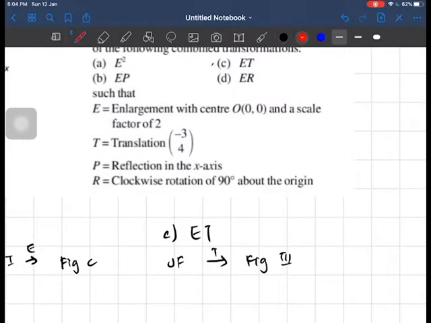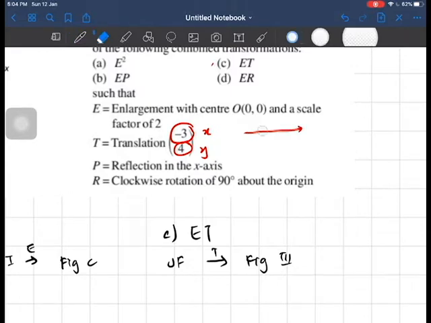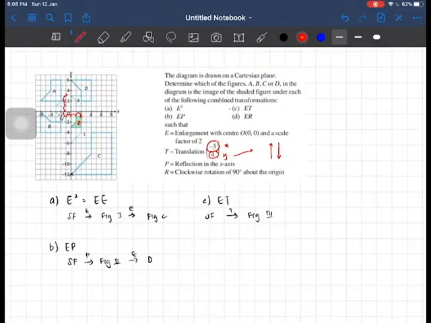Okay, why is it negative 3? So one thing you gotta remember is that here's the x, here's y. So for x, if it's going forward, it's a positive number, and if it's going backward, it's a negative number. Whereas for y, if it's going upwards, it's a positive number. If it's going downwards, it's a negative number.